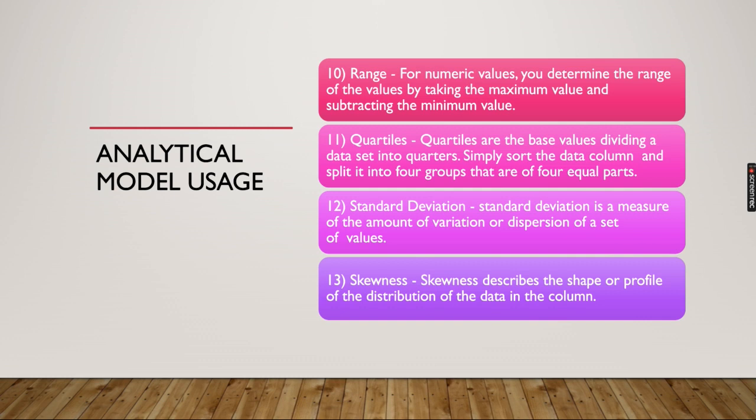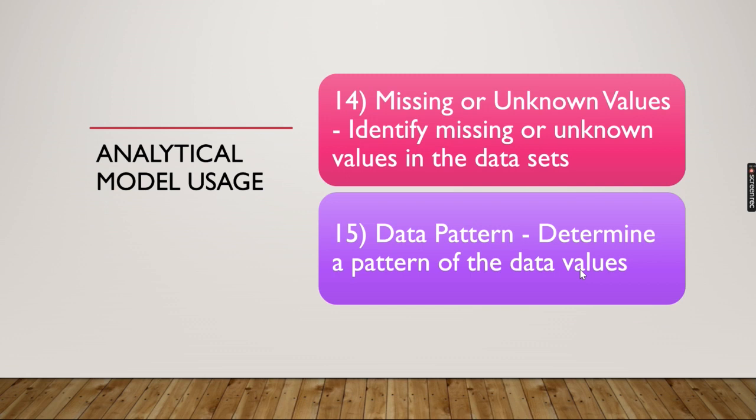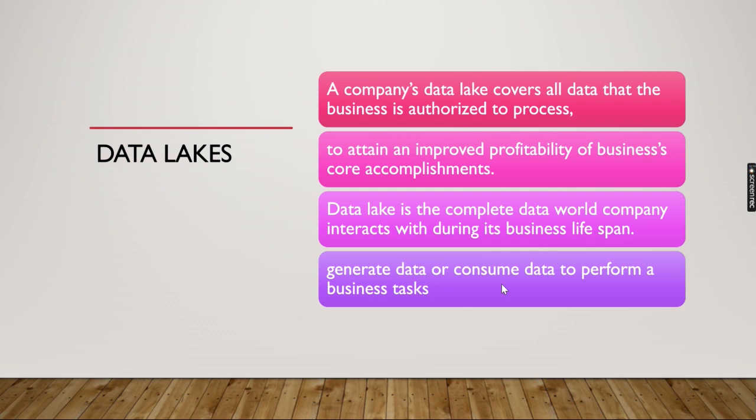Standard deviation is the measure of the amount of variation or dispersion of a set of values. Skewness: determine the shape or profile of the distribution of the data columns. Then missing or unknown values: identify the missing or unknown values in the data set. And data pattern: determine the pattern of the data values.